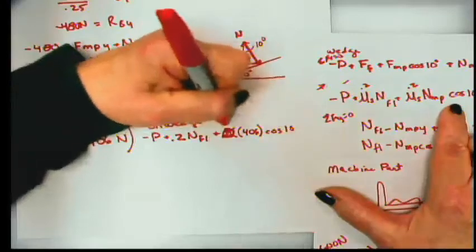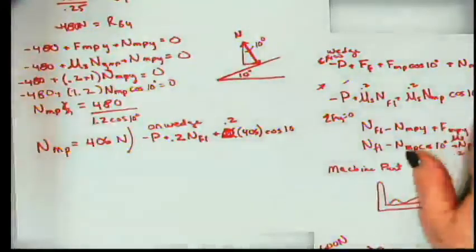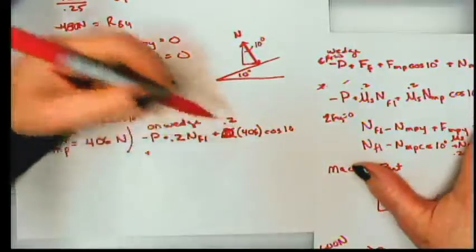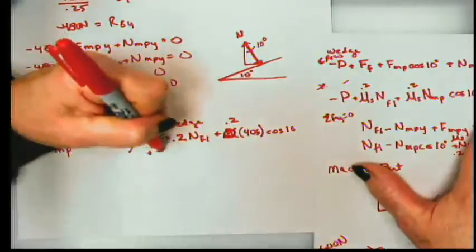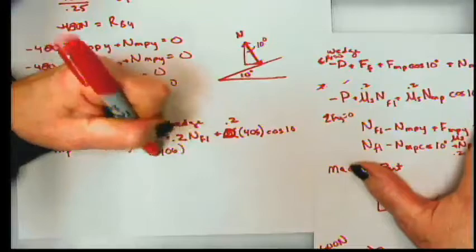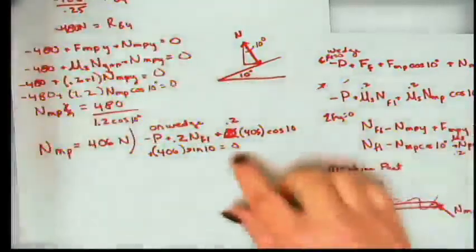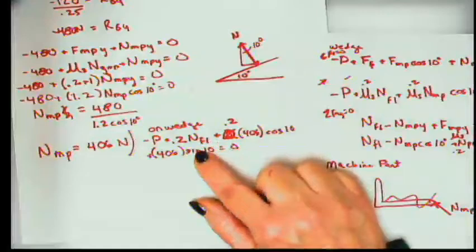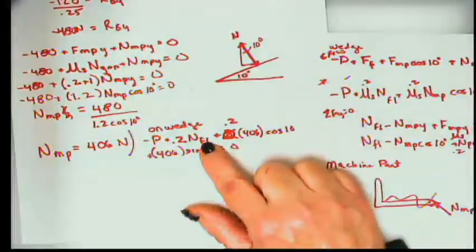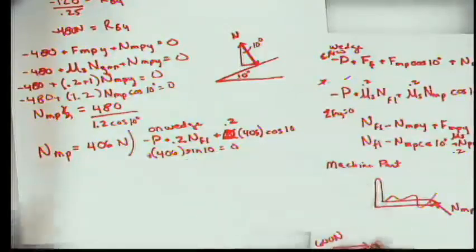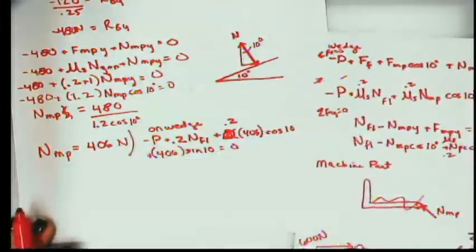This is 0.2. It looks awful. There we go. Plus the normal force of the machine part, 406 newtons, times the sine of 10 degrees, all equals 0. And if I look at that, I have two unknowns, don't I? I have the normal force on the floor, and I have negative P. Should we find the force on the floor then?